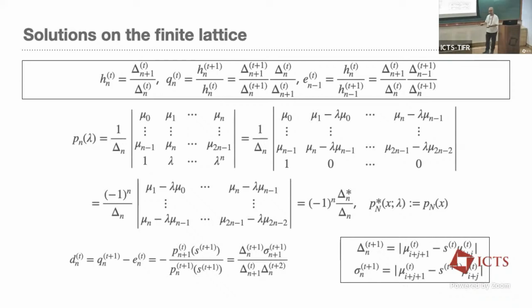So the polynomial system is written in this way. So by using this trick, h_n, q_n, e_{n-1}, everything was written in terms of Hankel determinants. This is quite clear. And d_n,t is also written in this way, so the ratio of delta_n and Hankel determinant and some sigma. Sigma is slightly different, so it also explains why this sigma will appear. But anyway, this expression we obtained.